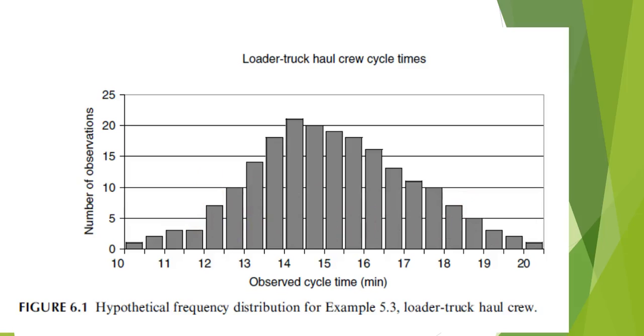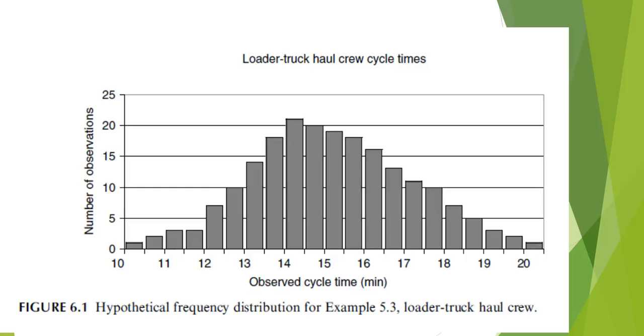This is as opposed to that deterministic number that we came up with, that again is fixed and doesn't really account for the fact that a lot of things happen that cause work times to vary.